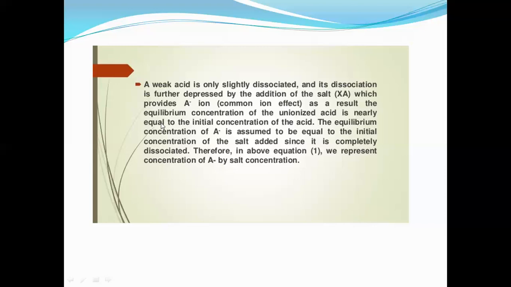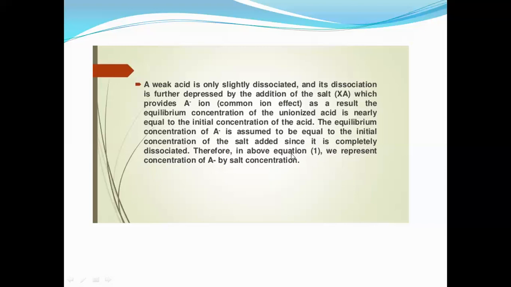As a result, the equilibrium concentration of the unionized acid is nearly equal to the initial concentration of the acid. The equilibrium concentration of A minus is assumed to be equal to the initial concentration of the salt added, since it is completely dissociated.